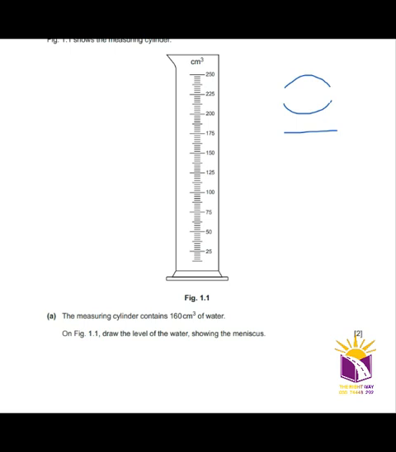Now the water is 160 cm³. So 160 cm³ will be between 150 and 175. So 175 minus 150 will be equal to 25. And a total of 10 lines are dividing it, so divided by 10, one line is representing 2.5.